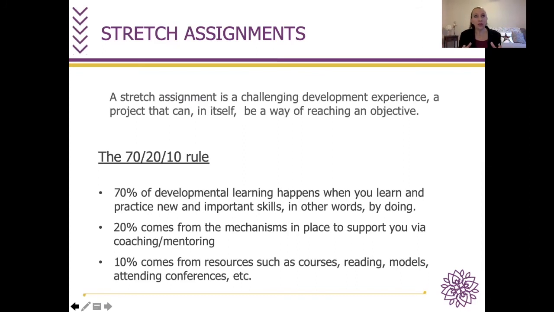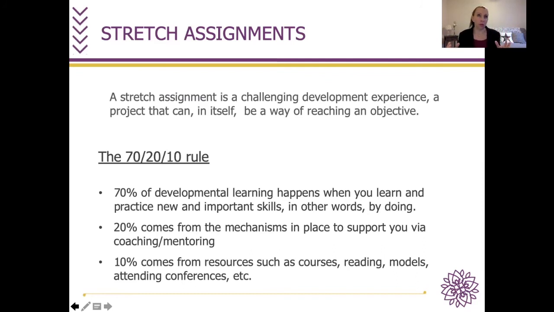Then 20% comes with the support. So what mechanisms are in place to support me if I don't know something? Who can coach me? Who can mentor me? Who can I go to get some additional information? And then 10% comes from more formal things such as communication guides, online courses, reading materials, and models I can use, and so on.